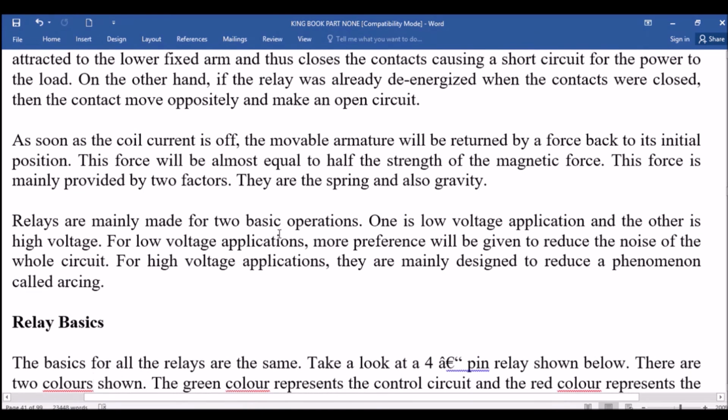As soon as the coil current is off, the movable armature will be returned by a force back to its initial position. This force will be almost equal to half the strength of the magnetic force. This force is mainly provided by two factors. They are the spring and also gravity.